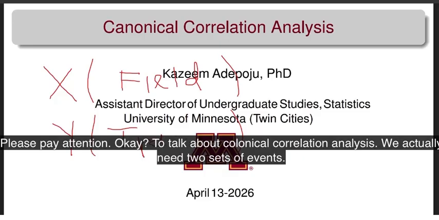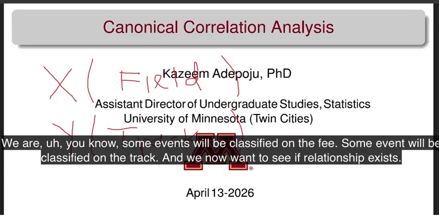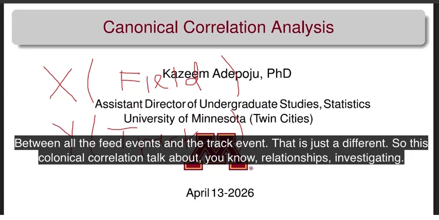Please pay attention. To talk about canonical correlation analysis, we need two sets of events, where some events are classified under feed and some under track. And we now want to see if a relationship exists between the feed events and the track events.